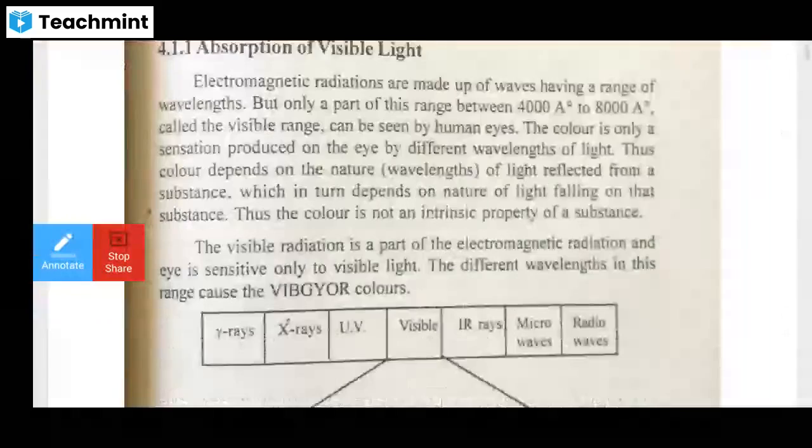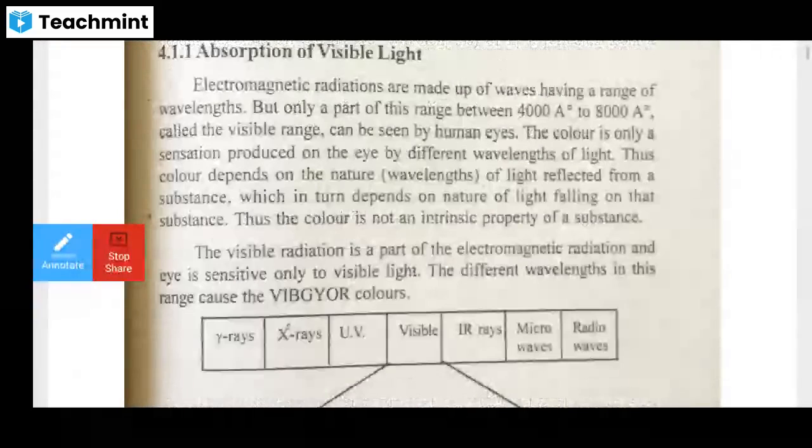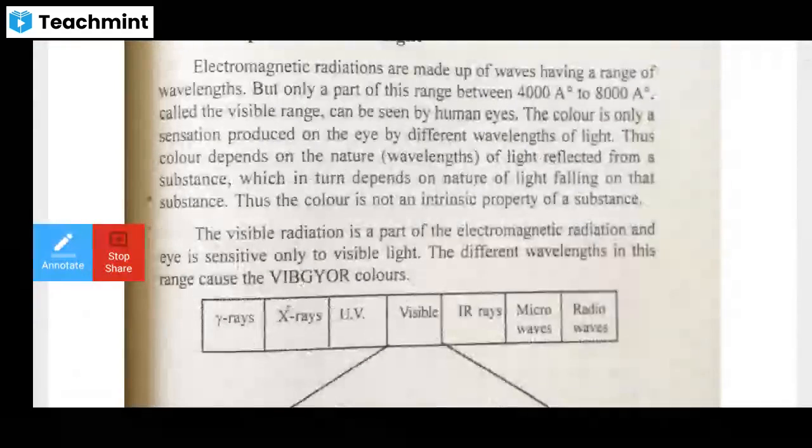We know that the visible region has a wavelength range of 400 to 800 Angstrom, and within that region, the retina of our eye is capable of distinguishing that particular wavelength of light, which means it is visible to us.